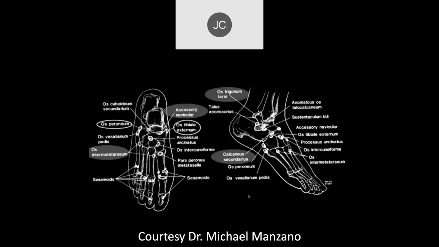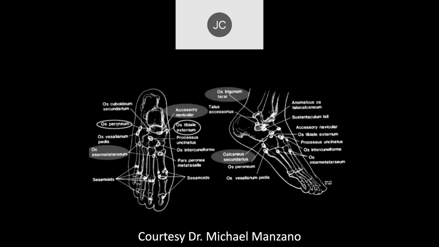There are many ossicles which can be seen around the foot and ankle. I don't recommend memorizing all of these. Ones we see all the time, obviously, are the sesamoid bones. Most of these in books are thought to be congenital. Many of these, however, are acquired, as I think we've talked about.